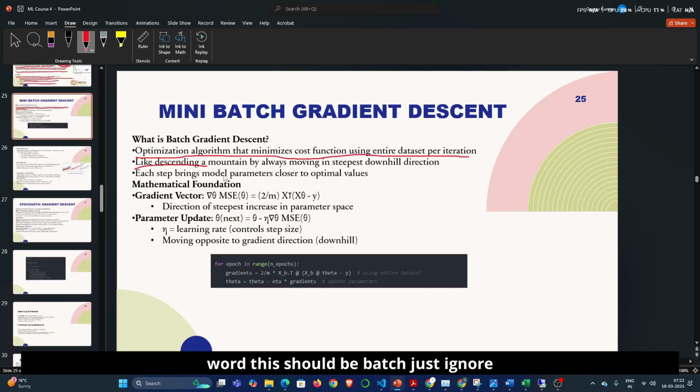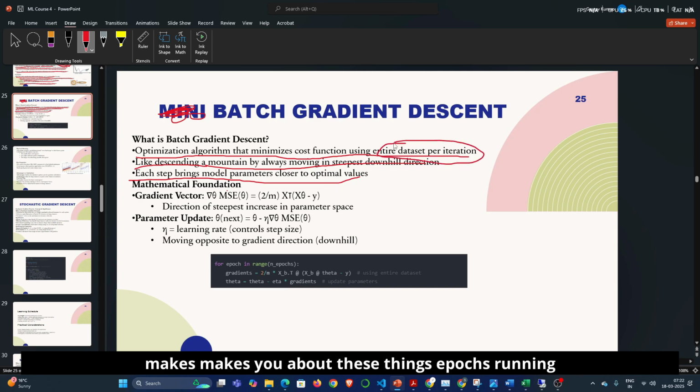This should be batch. Just ignore this line. This is batch. Descending by always moving steepest downhill. Each step brings model parameters closer to the optimal values. Using the entire dataset per iteration makes sure about these things. Epoch: running through the dataset one time is called an epoch.